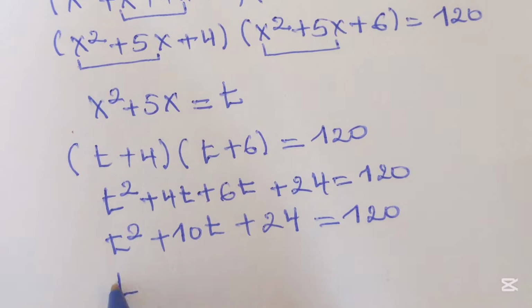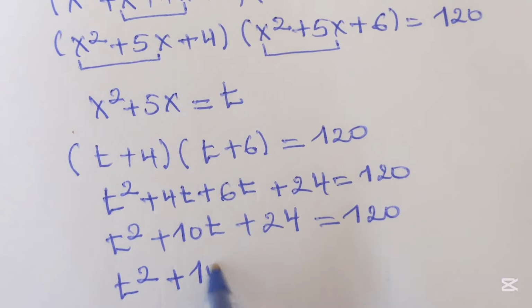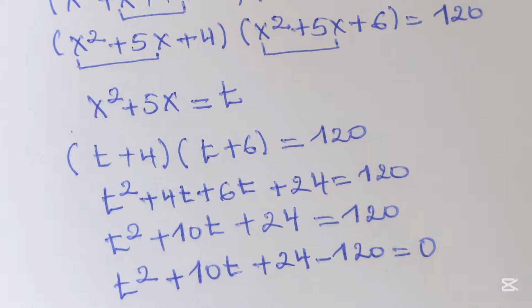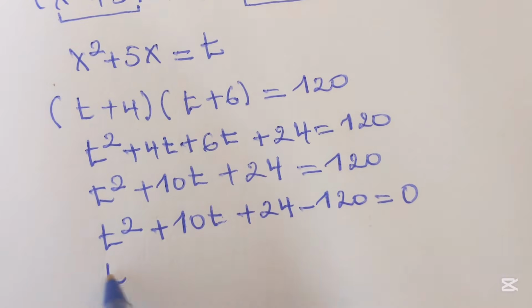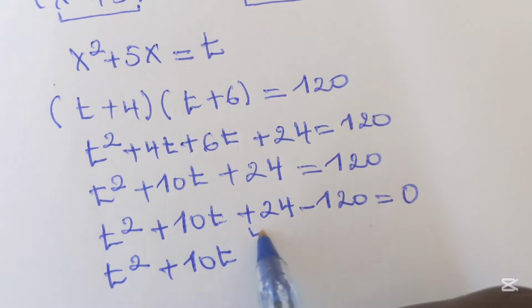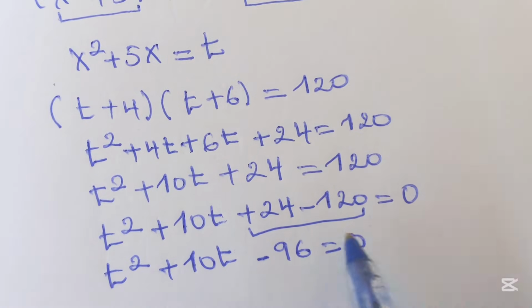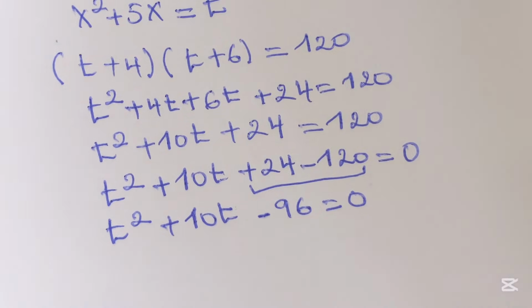Now t squared plus 10t plus 24 minus 120 equals 0, right? Then t squared plus 10t minus 96 equals 0. Of course, this is a quadratic equation.